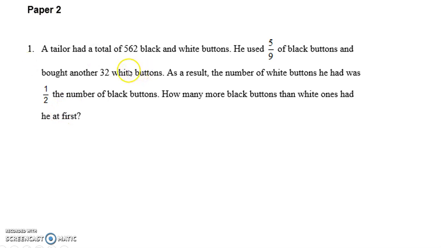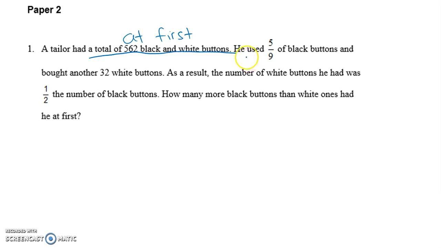Well, it's a very long question, but it's okay. We love long questions because they give us much information. Okay, so we know that the tailor had a total of 562 black and white buttons. So we know that this is the at first. Correct?